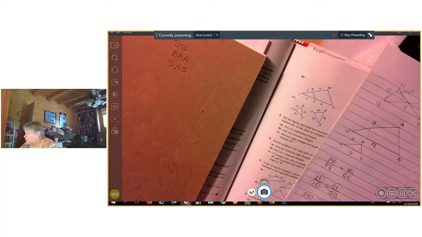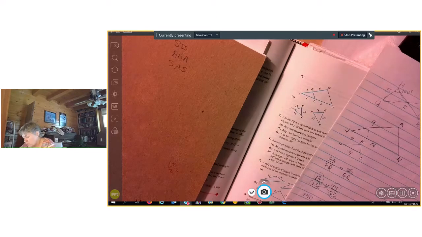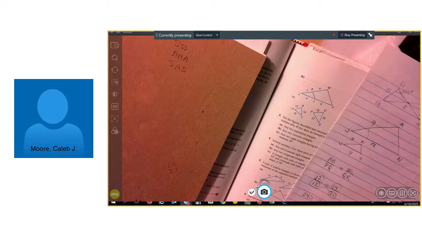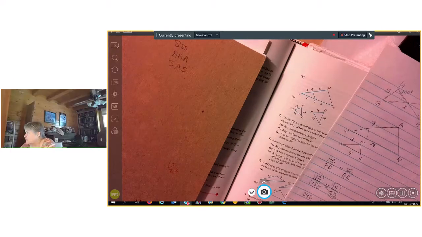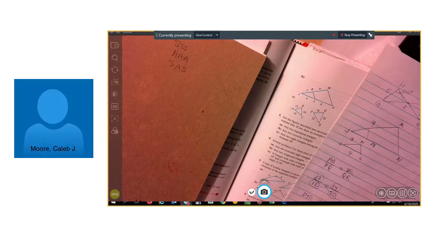Twelve times 22 is going to be 252? No, 264. And 18 times 16? 288.